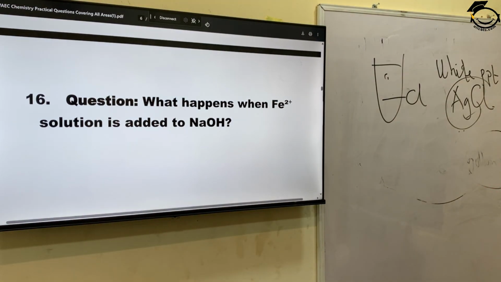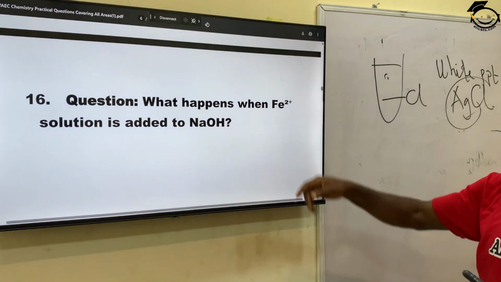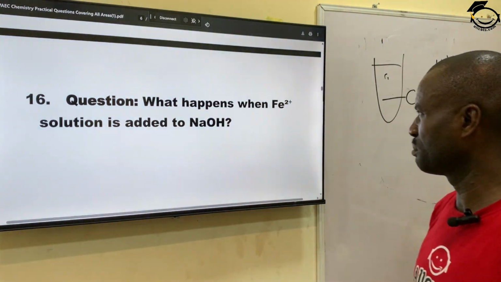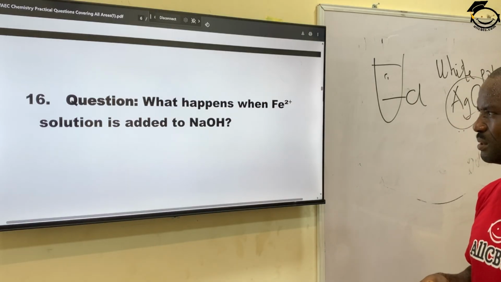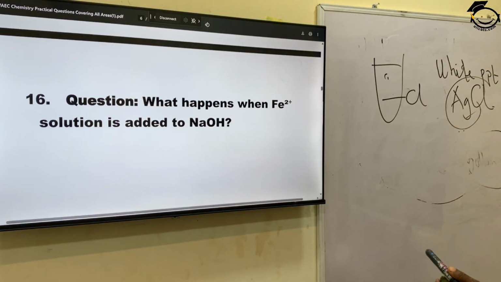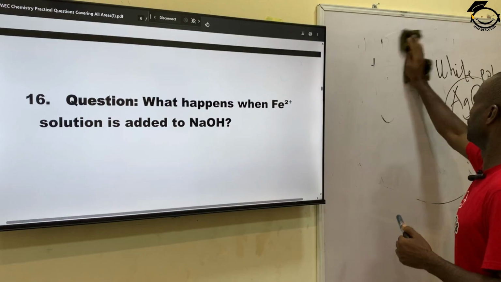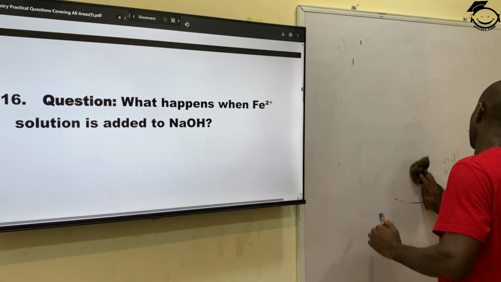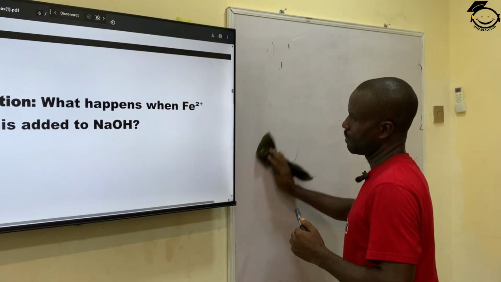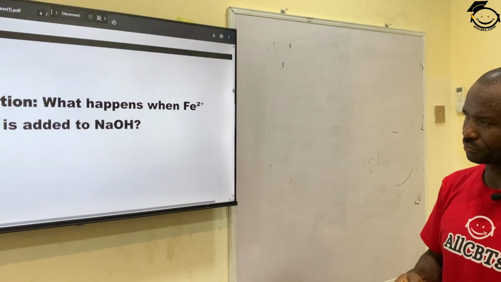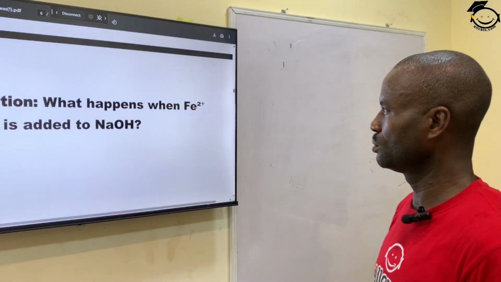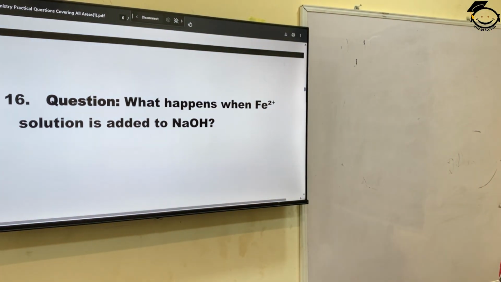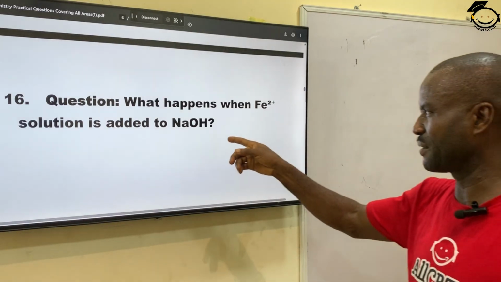Question 16. What happens when iron II solution is added to sodium hydroxide? Iron II can be identified using a solution of sodium hydroxide.